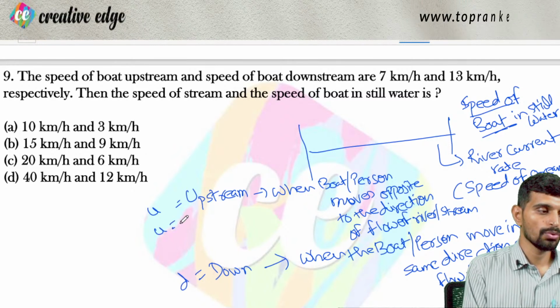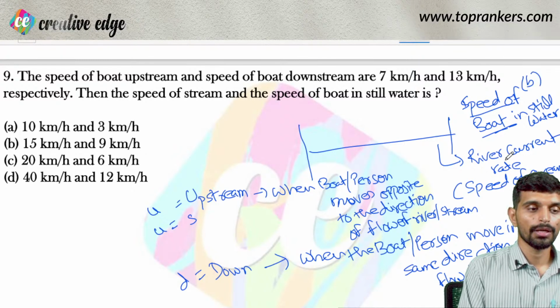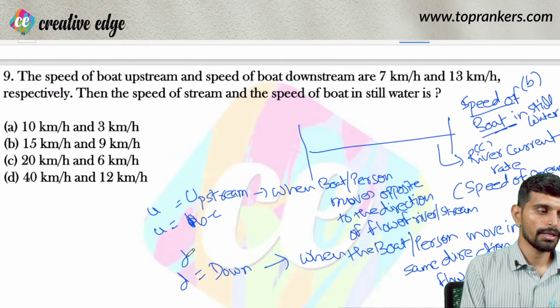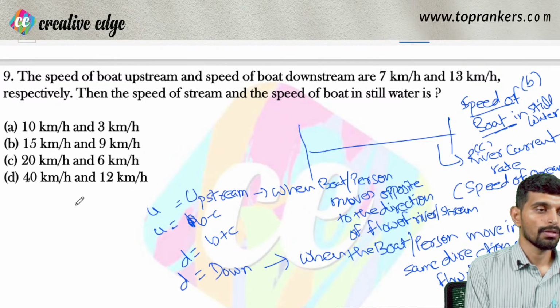So let's say speed of boat be B, and this be C. So U is nothing but B minus C, and D is B plus C, right?